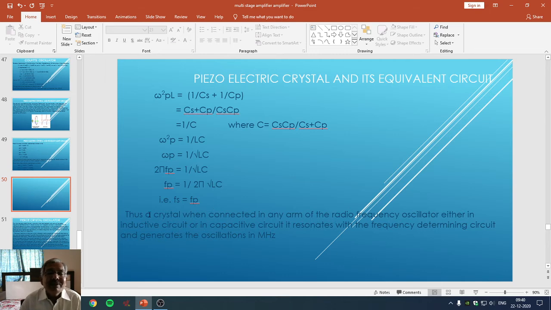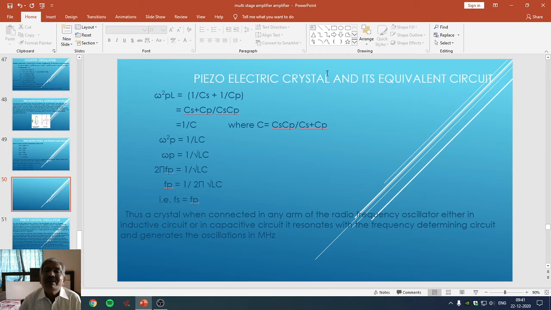Thus a crystal connected in any arm of the radio frequency oscillator, either in the inductive or capacitive circuit, resonates with the frequency determined by that circuitry and generates oscillations in megahertz. So this is the behavior of the crystal by considering its equivalent circuit.